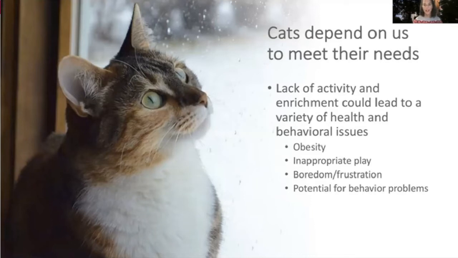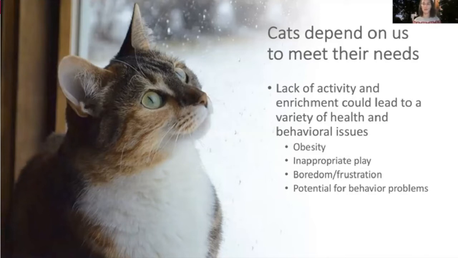And because we keep these cats, at least in the United States, indoors most of the time, and in the UK and EU they're allowed outside much more often, I think that helps fill a lot of their behavioral needs. When we keep them indoors, as we do here, they depend on us to meet their needs. So lack of activity and enrichment can lead to a variety of health and behavioral issues.